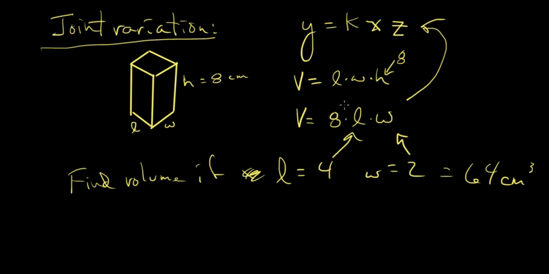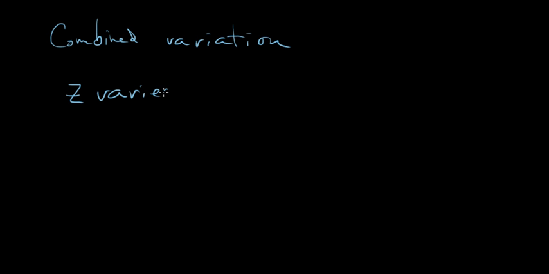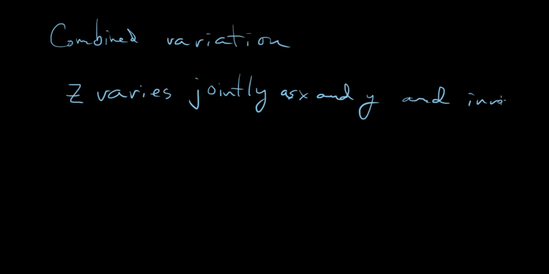Okay? Then, combined variation. I'm just going to give you an example. z varies jointly as x and y, and inversely as w.